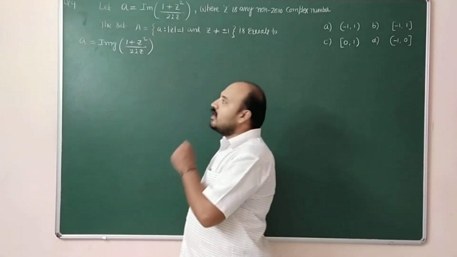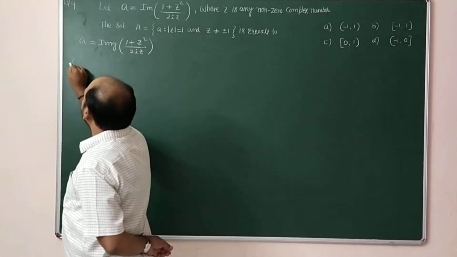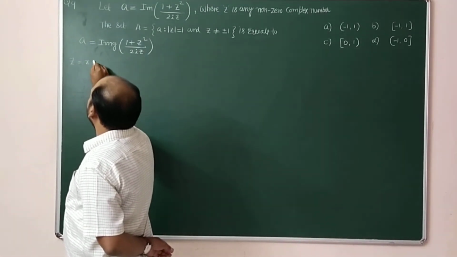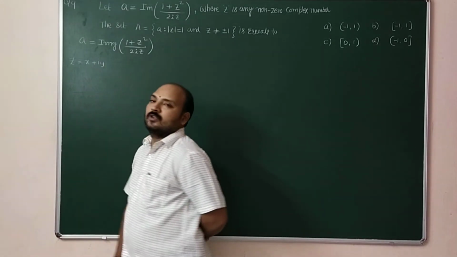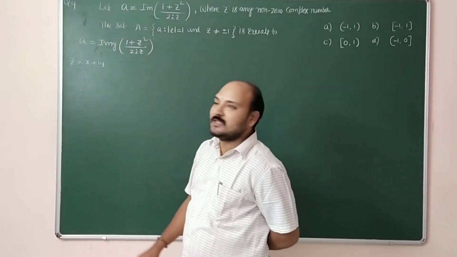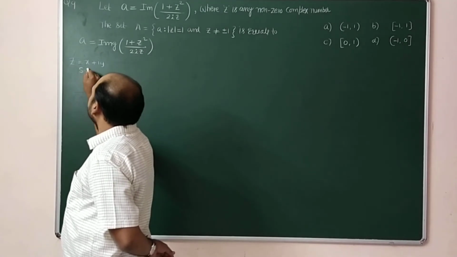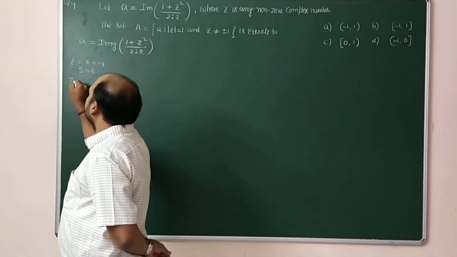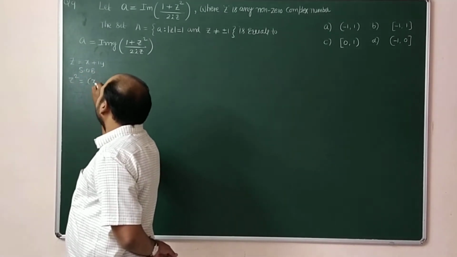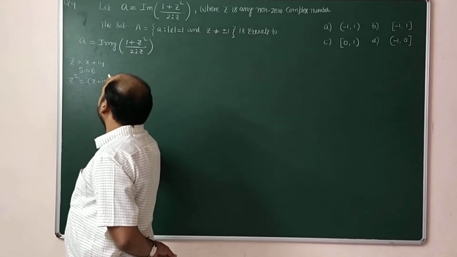In this, the z value we first consider: z is equal to x plus iy. So z square is also there now. Squaring on both sides, z square equals (x plus iy) whole square.